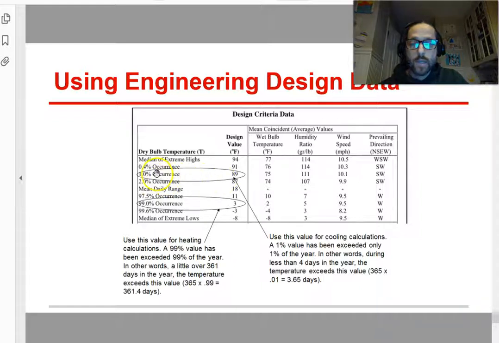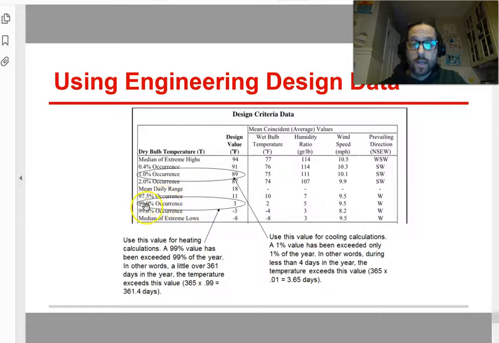So what this is saying is, wherever we are here, and it doesn't tell us where, it is warmer than 89 degrees outside 1% of the time. So 1% of the hours of the year it's warmer than 89.